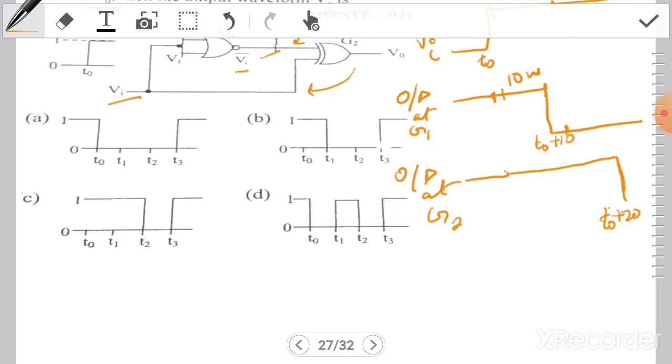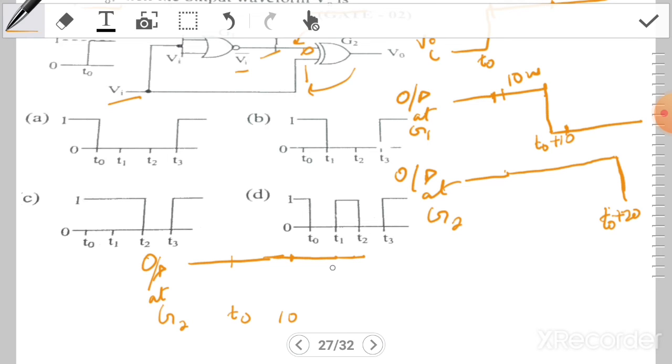Let us redraw the output at G2. At T0 plus 30 nanoseconds there will be a transition, since one input to the XOR gate is 1 and one input is 0.